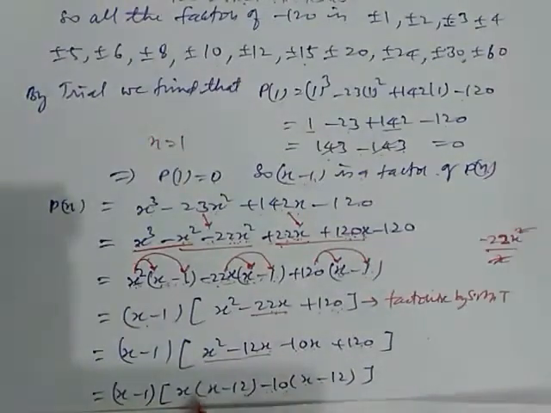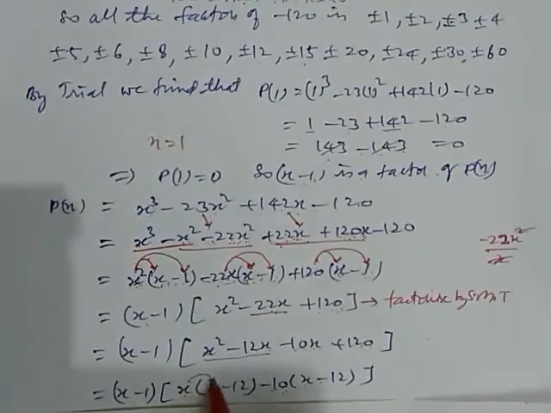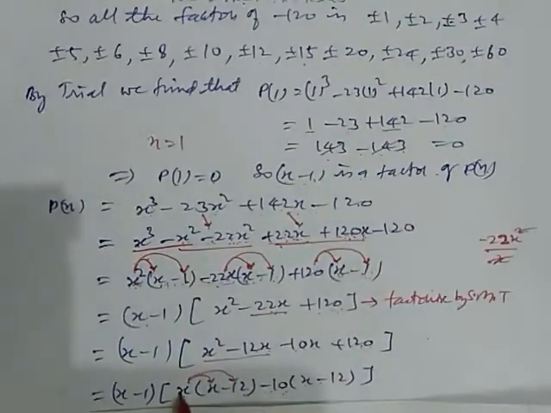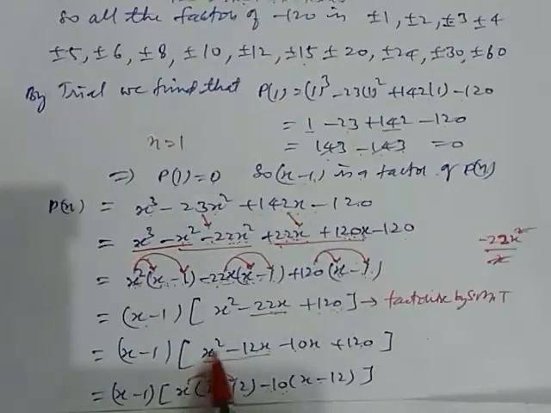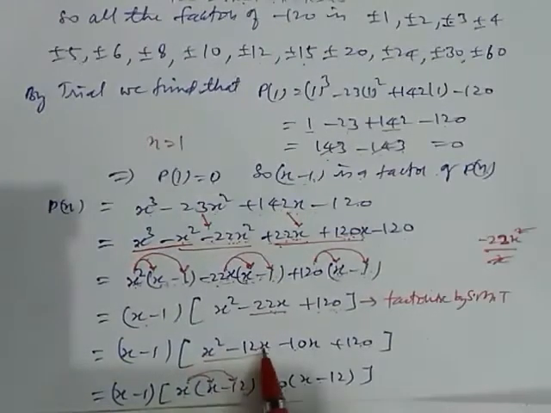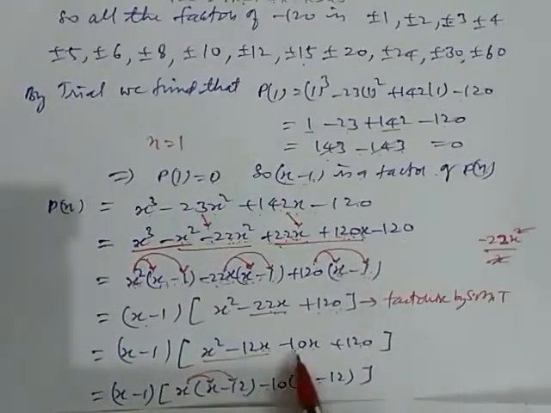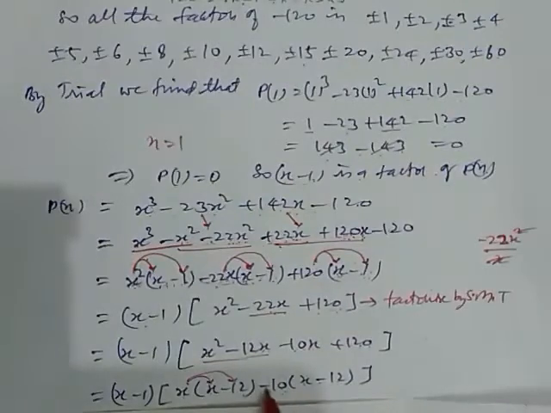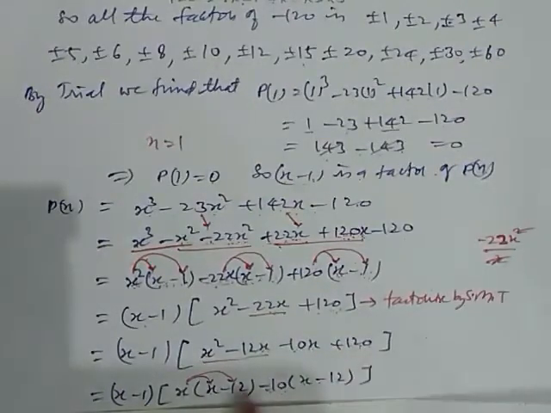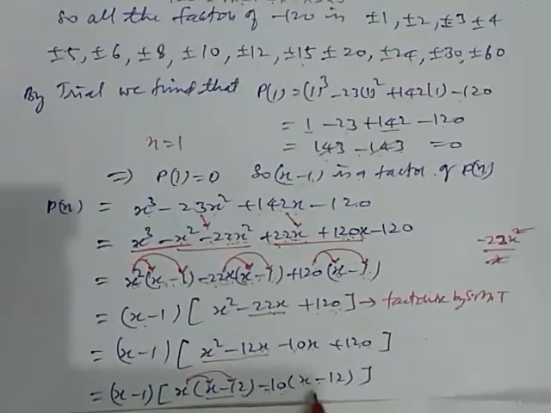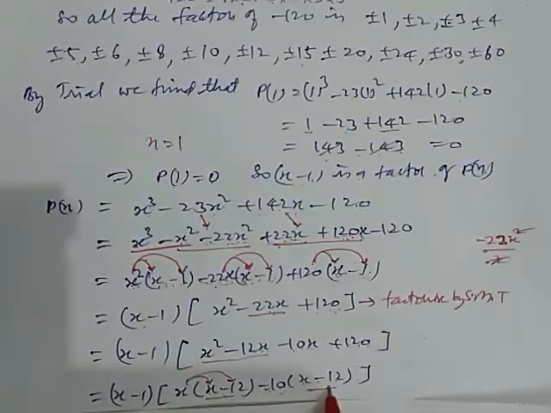Okay. Check again whether we are right or not. X into x, x square, x into minus 12, minus 12x, x into minus 10, minus 10x, minus 12 into minus 10, plus 120. So this is correct. And one more check. These 2 factors are just the same, so it is correct.